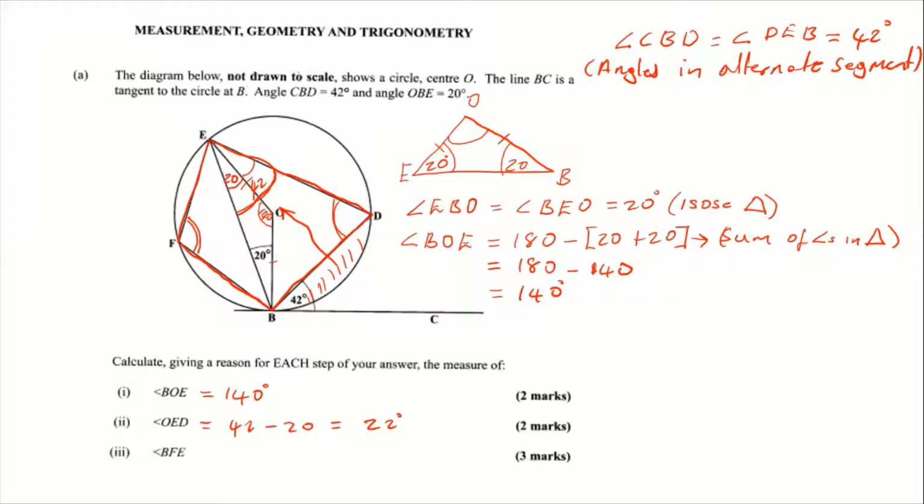Now, the one at the center here, note that they share the same arc, which is BE, right? They both share that arc there. That means the one at the center is going to be twice the one at the circumference, right? So we could use that principle.